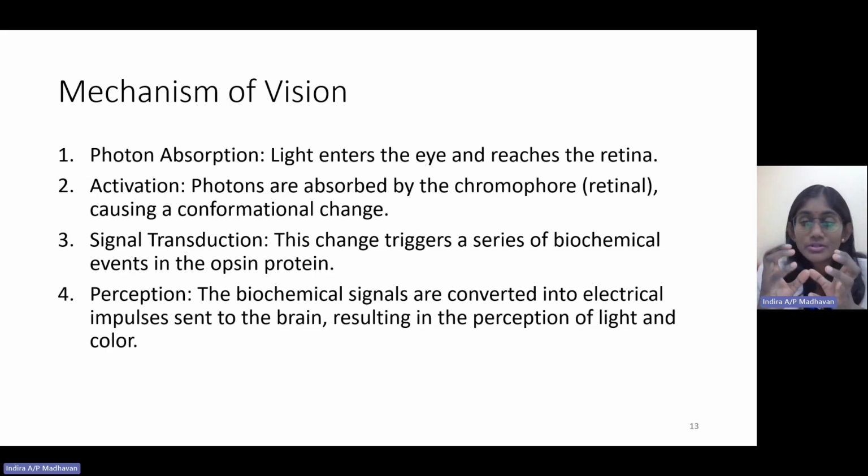The signal produced by the opsin will be converted to impulses. It will be bundled up and changed to impulses, and these impulses will be sent to the brain, and the brain will do some processing, which will lead to the perception of light and colors for humans. Thank you.